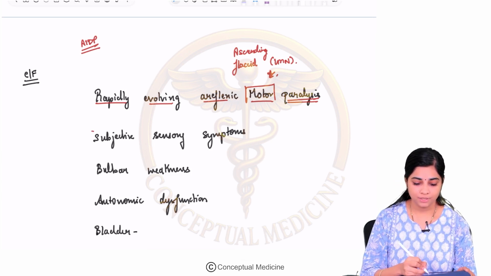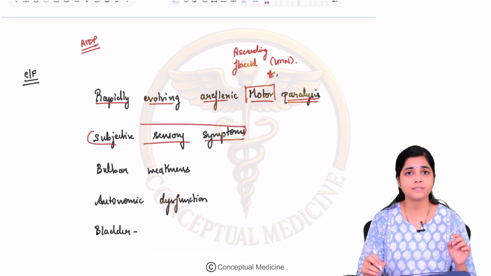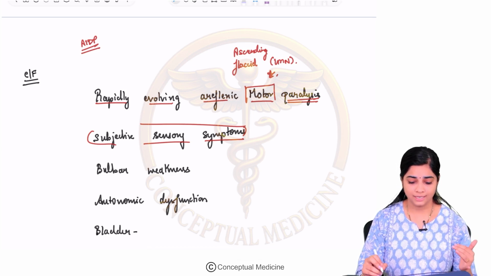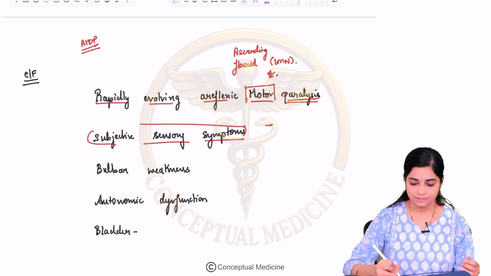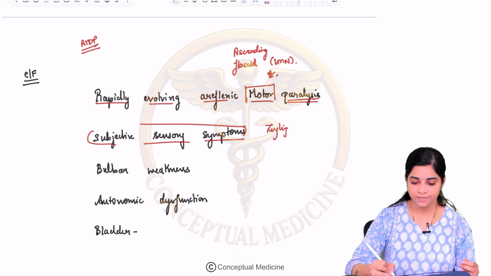Okay. But because there is nerve involvement, they can have subjective sensory symptoms, in the form of tingling, in the form of paresthesias, in the form of numbness.